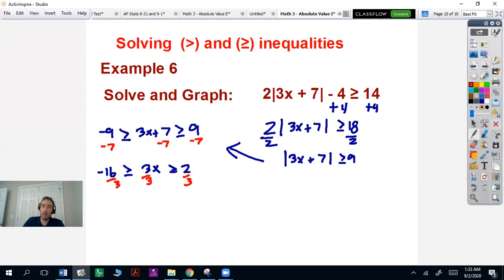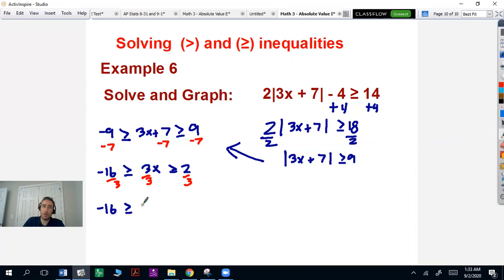So notice that you got a fraction on here. So it's going to be -16 greater than or equal to x. Now remember, I like to split that. So then we say, or x is greater than or equal to 2/3. And I said 16, but I really should have put that over 3.